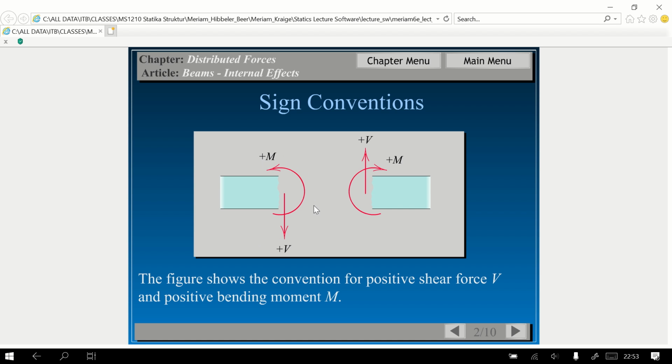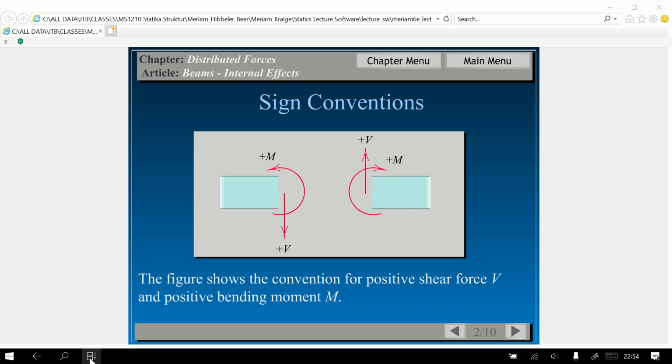If we analyze the left side of a particular cut, the positive shear force is going up and the moment is clockwise.